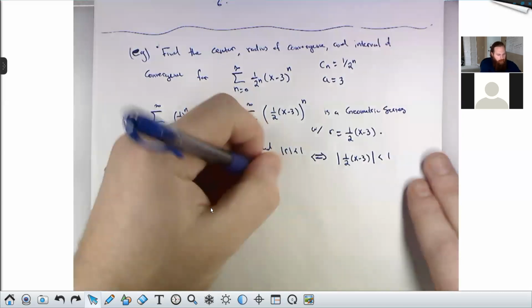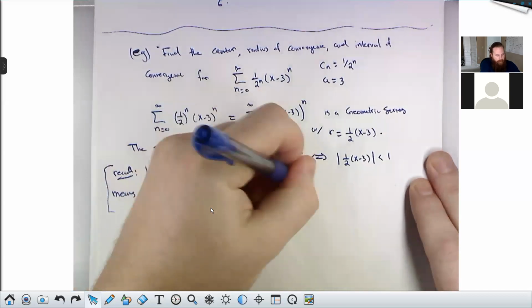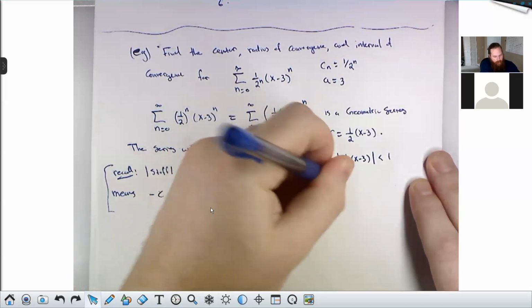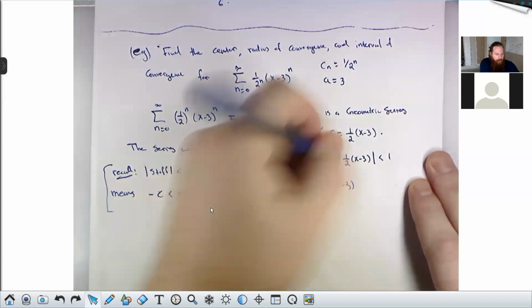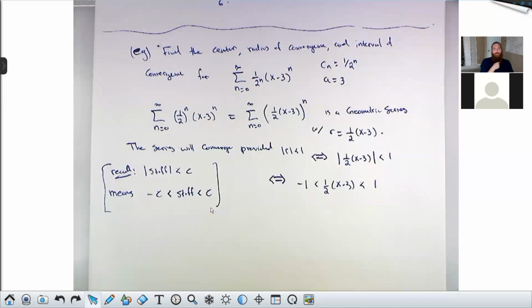So here, my absolute value inequality unpacks as -1 is less than 1/2 times x minus 3 is less than 1. Now, if I want to solve this inequality for x, that means I'd like to get the middle to just have x. So I need to get rid of the 1/2, I need to get rid of the 3.